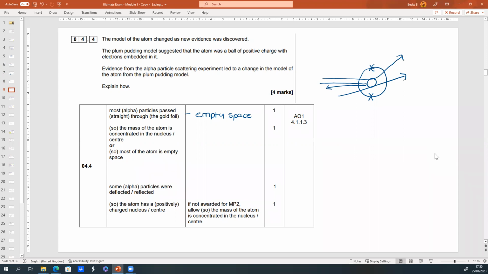Either they were deflected or reflected, which shows that the atom must have a positively charged nucleus. We're still on the protons and the electrons, like the plum pudding model, but because some of them went through, we knew that there must have been empty space in there. So therefore, we moved on to this model. Okay, let's keep moving because we've lots to get through.